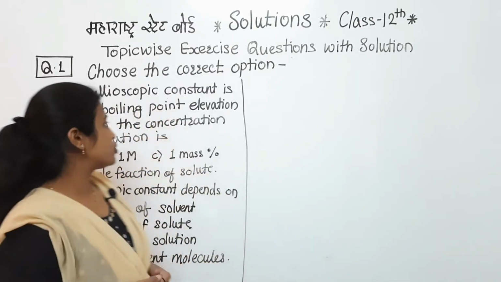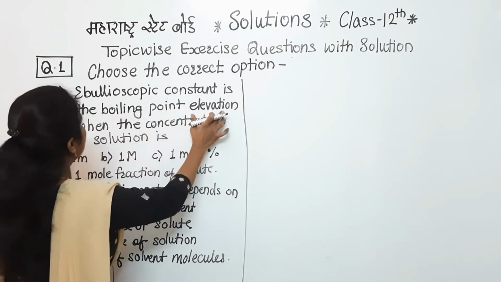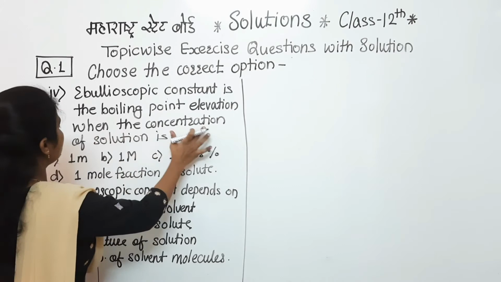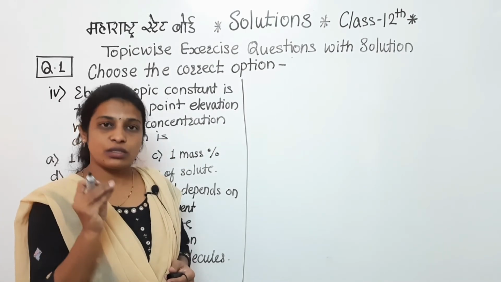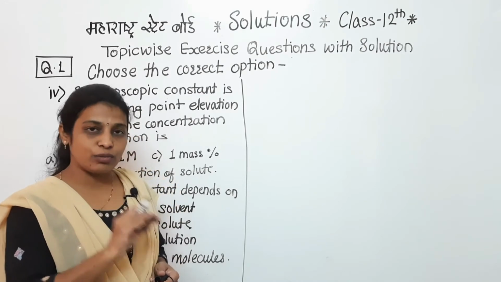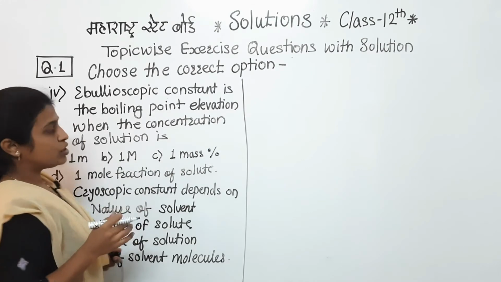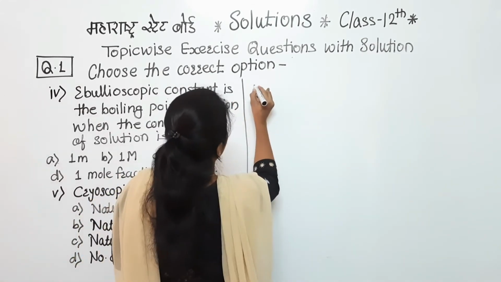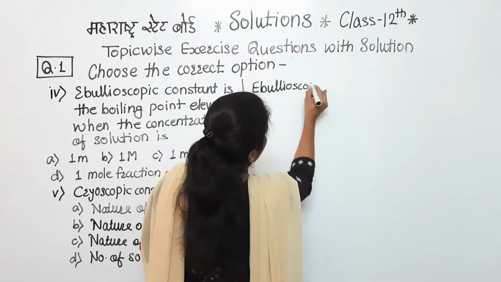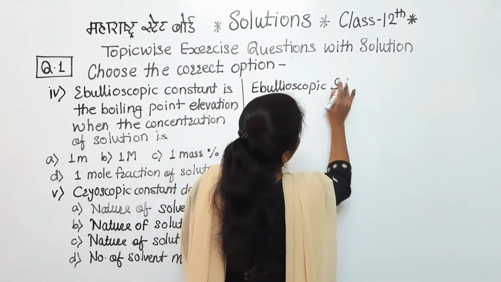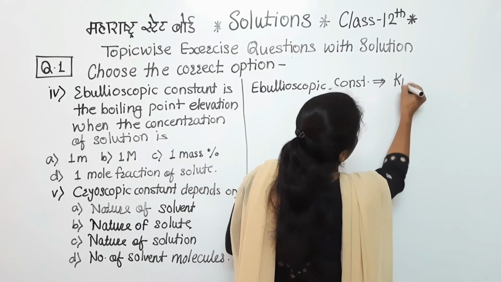Now see the next objective. Ebullioscopic constant is the boiling point elevation when the concentration of solution is... Here we should know the symbol and the relation between the ebullioscopic constant and boiling point elevation. The ebullioscopic constant is denoted by the symbol Kb.